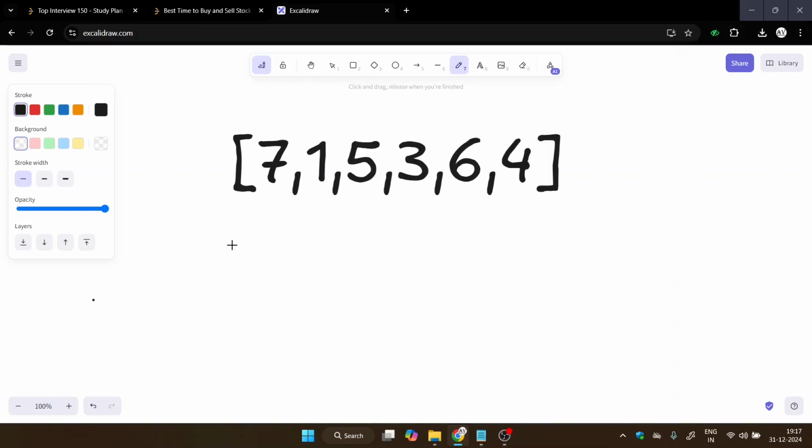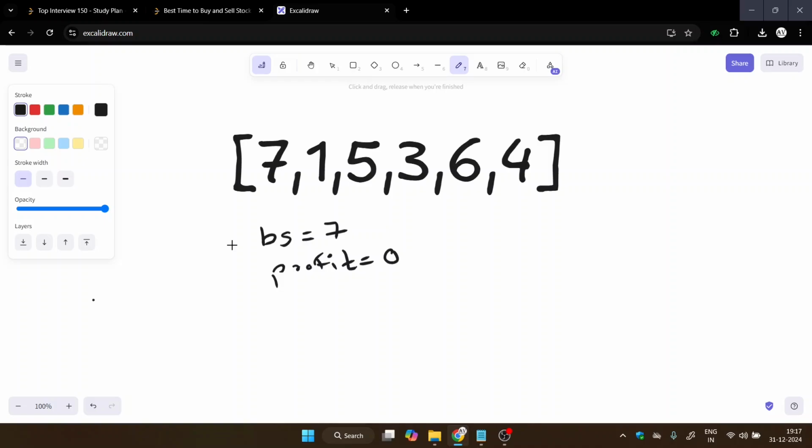Okay, so assuming we will be buying the stock at day 1, which is 7, and considering the profit is 0. Okay, so we can't buy or sell the stock on the same day.